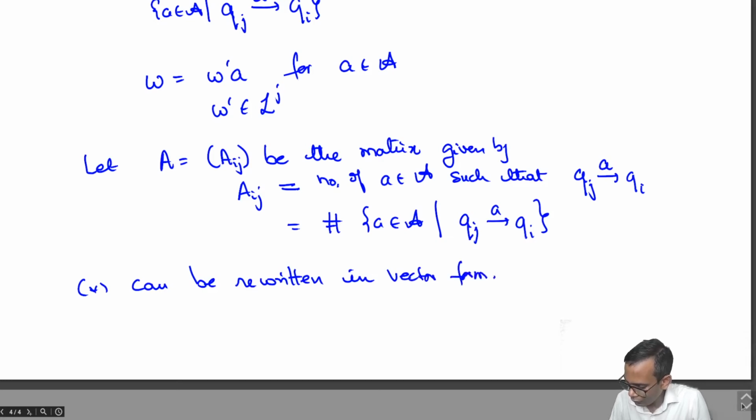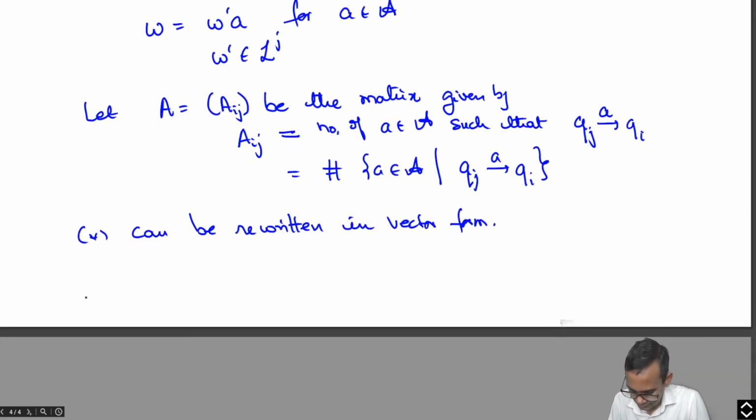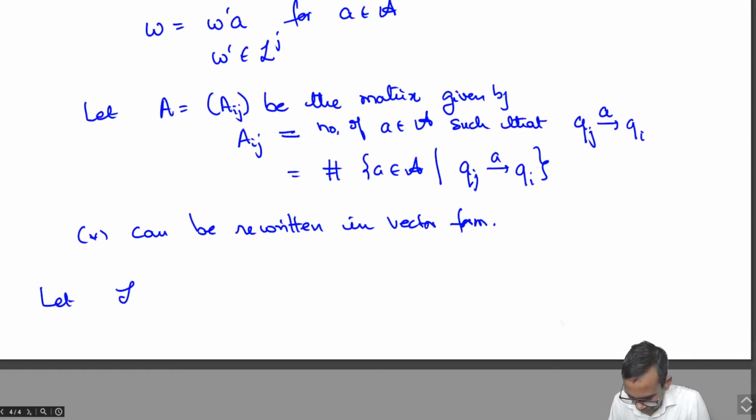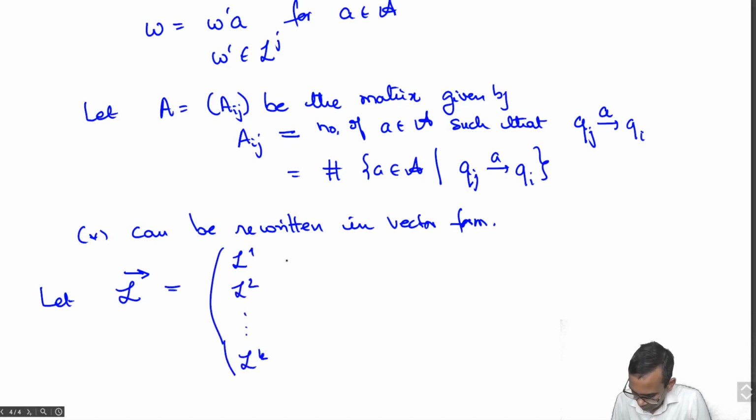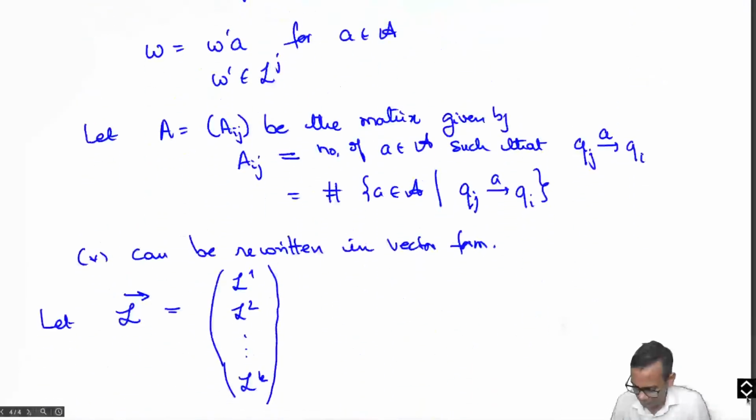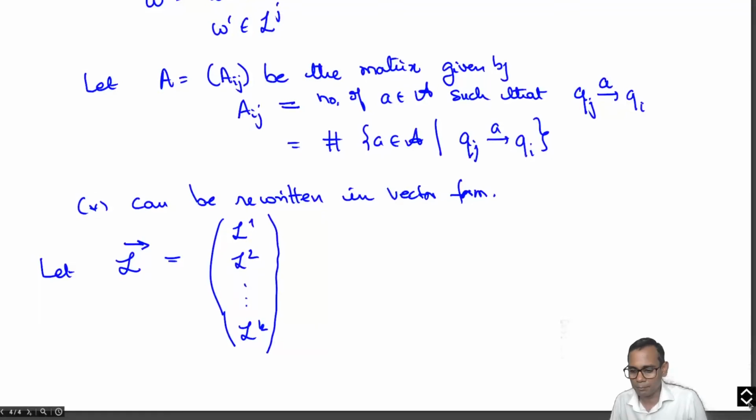What we'll do is form a vector of combinatorial classes. Let L be the vector of combinatorial classes L1, L2, up to Lk. We already have addition and multiplication of combinatorial classes, so we can turn this into matrix multiplication and multiplication of matrices by vectors and so on.